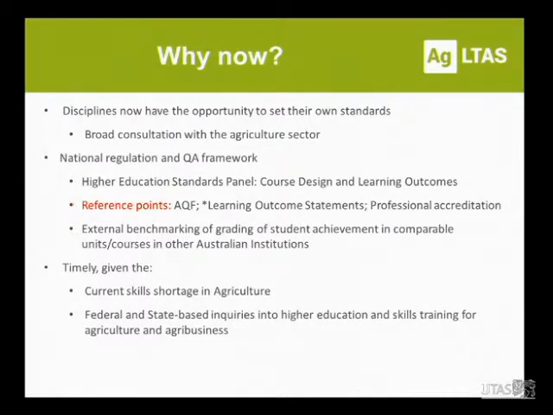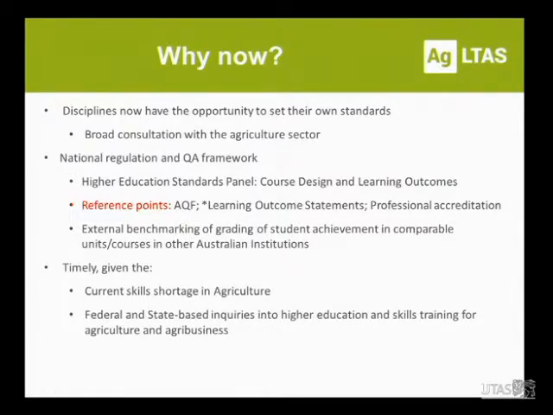Now, in terms of responding to these standards for course design and learning outcomes, there are three reference points, which I've highlighted there in red, that the standards panel considers useful in demonstrating that the university meets the standard in a particular discipline. One of those is the Australian Qualifications Framework.